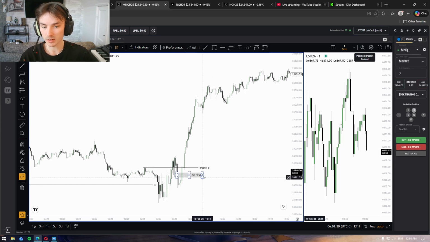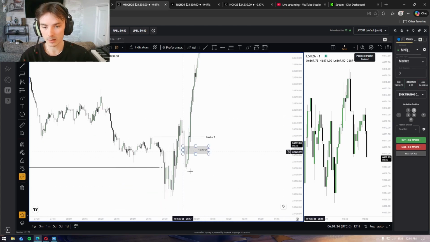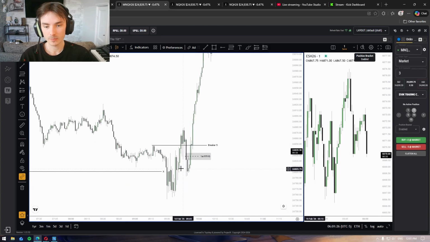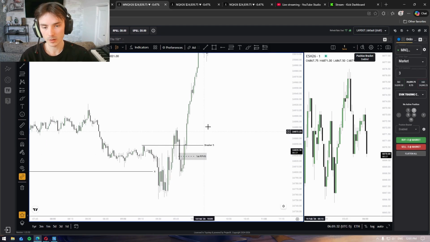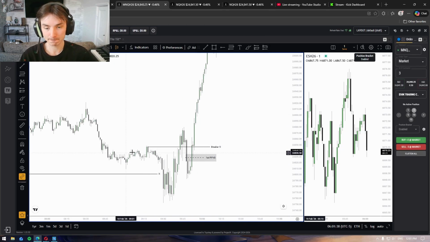CB, 1 minute, first percentage value gap, we displace through it. So we come down, OTE of this range, displaces above, through it. Look here. Wicked, closes above the breaker, 5-minute breaker.